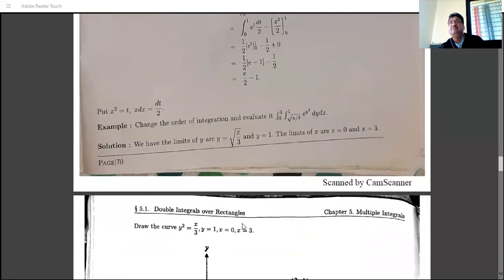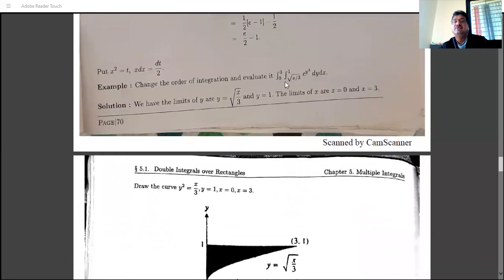Same type of problem: change the order of integration and evaluate. So limits are 0 to 3 and root x by 3 to 1, e raised to y raised to minus 3 dy dx. So y is root x by 3. After simplification, we have y square is x by 3 and y is 1.